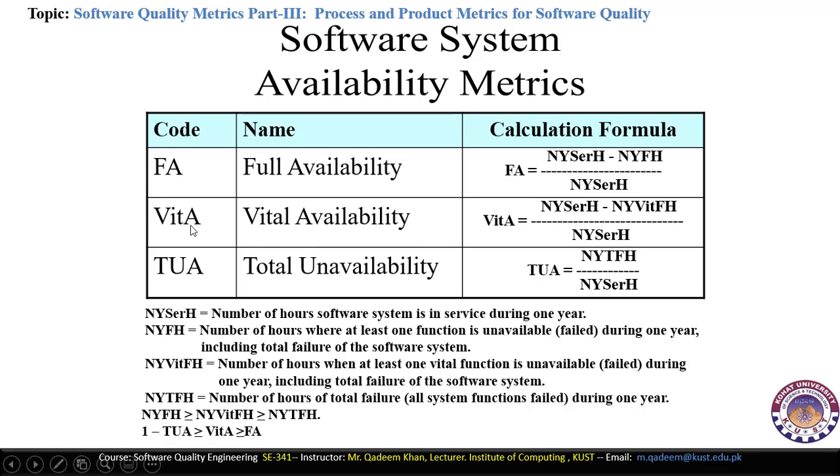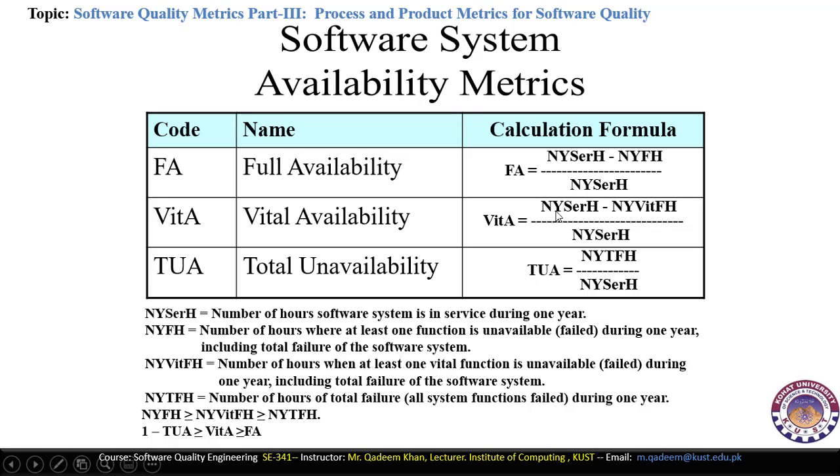Second one is the vital availability. So here the vital availability is very much important, which shows how the software is available in the vital time. Vital availability is equal to NYSERH minus NY vital FH divided by NYSERH.